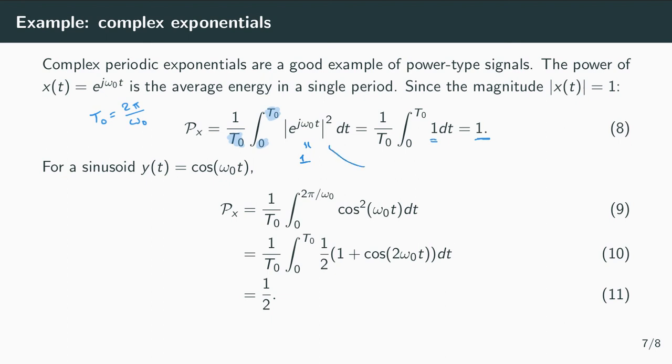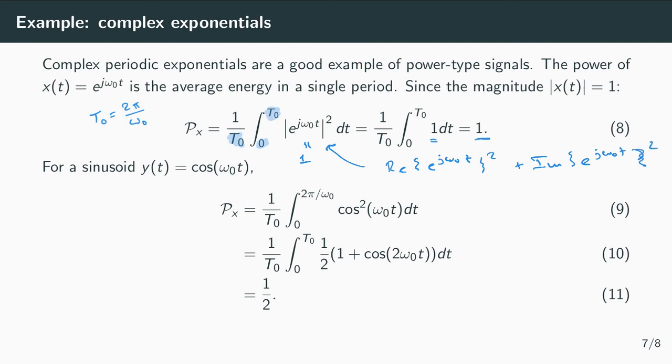It's also important to notice here that we can write this as the real part of e to the j omega naught t, squared, plus the imaginary part squared. That's the magnitude squared. Right?